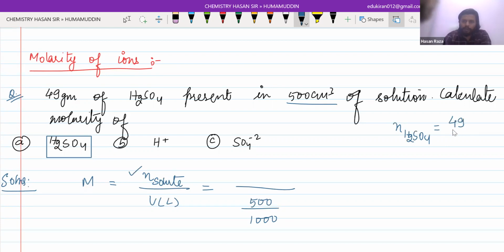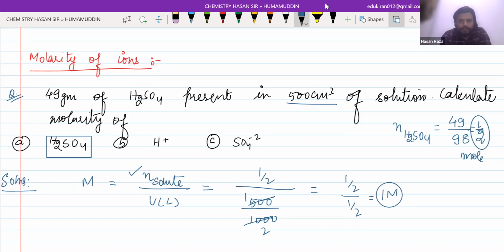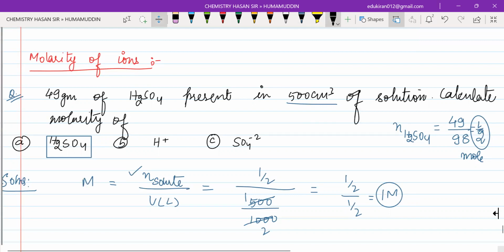Given mass 49 and molar mass 98, so you will get 1 by 2 mole. The 1 by 2 will also cancel out, so the answer that you will get is 1 molarity. Yes or no? Yes, sir. Have you got the same answer?